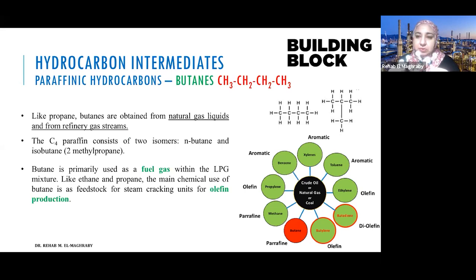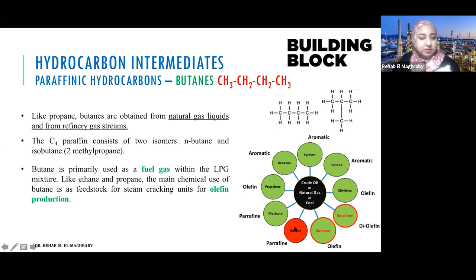So butane itself is one of the building blocks for the petrochemical industry, and it can be converted to butylene, which has a double bond, or butadiene, a diolefin with two double bonds. So butane is one of the important petrochemical building blocks.